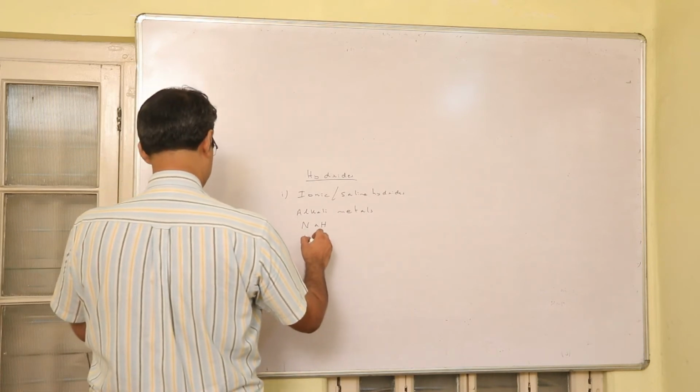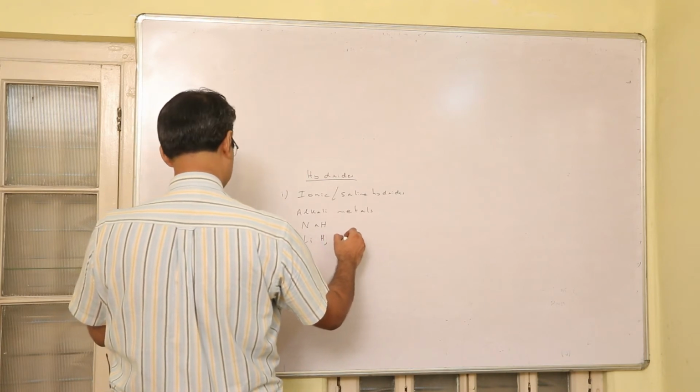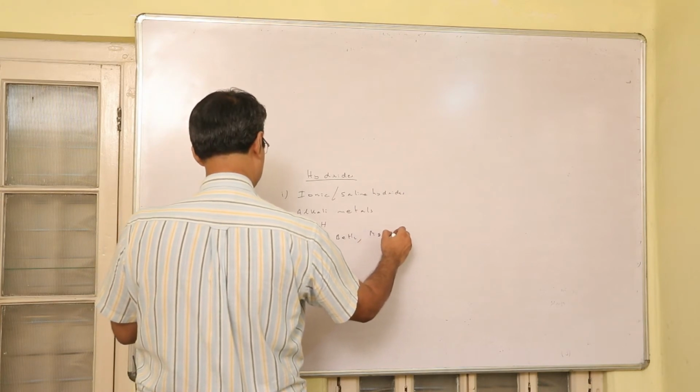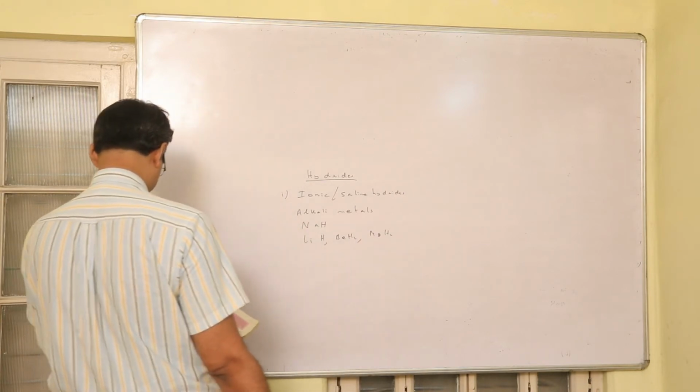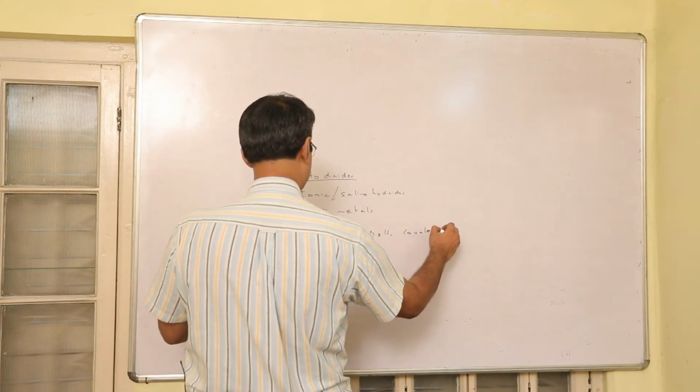Now, if you look at hydrides like LiH, BeH2 and MgH2, then they also have a significant covalent character.